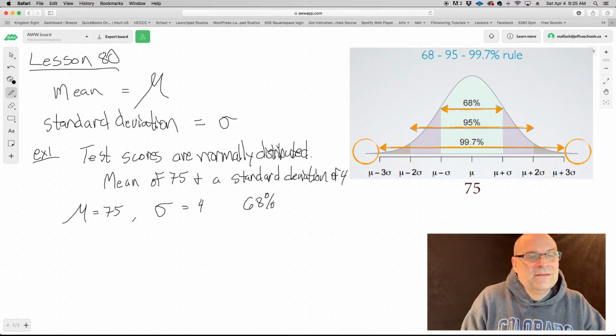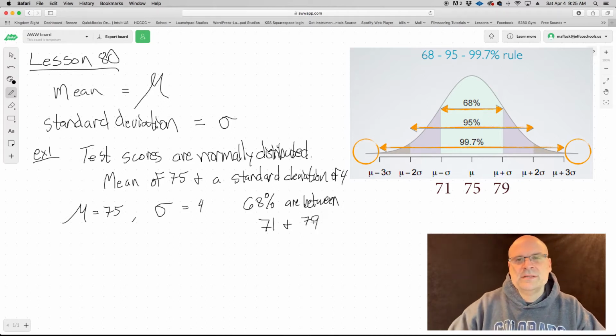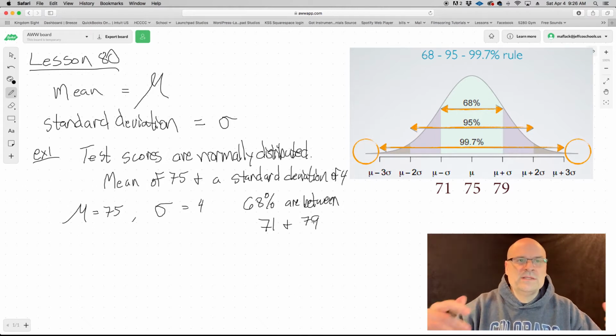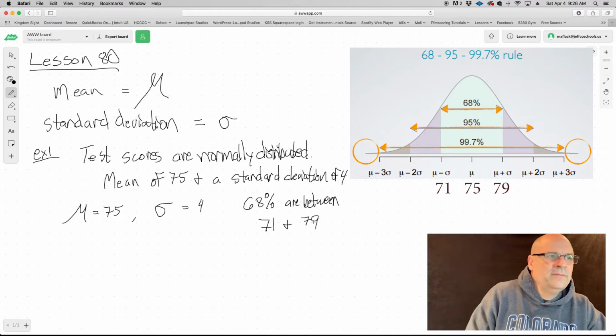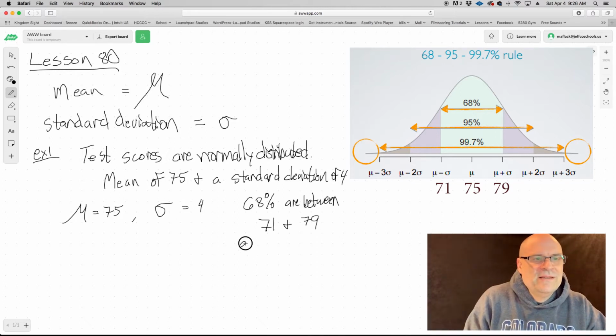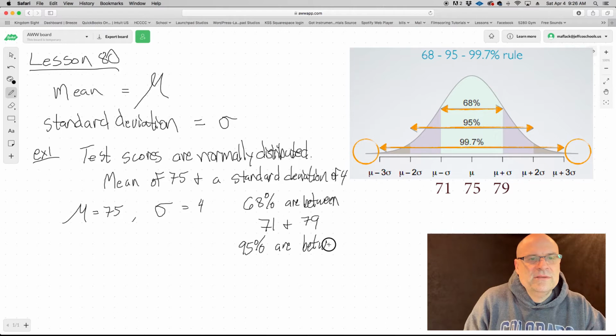So that means 68% are between, let's see, 71 and 79. If the standard deviation is 4, then one standard deviation away would be either 4 below the mean or 4 above the mean. So that means 95% are between, let's see, 2 standard deviations.